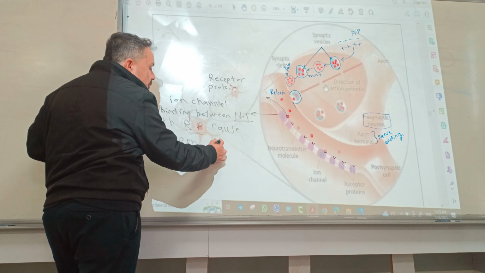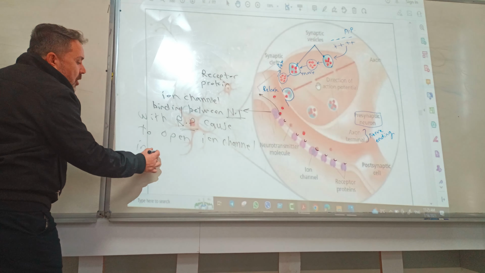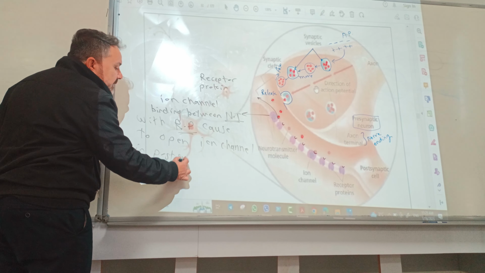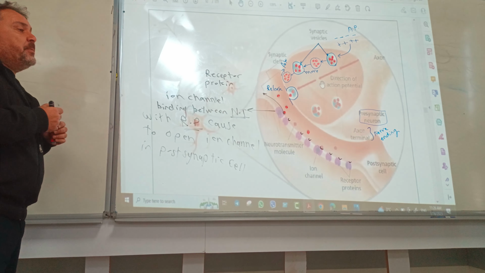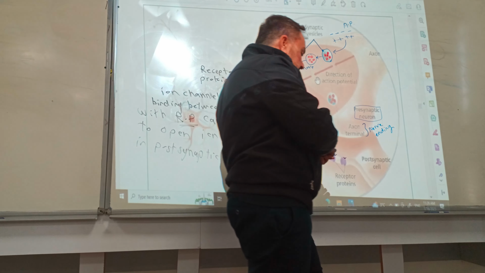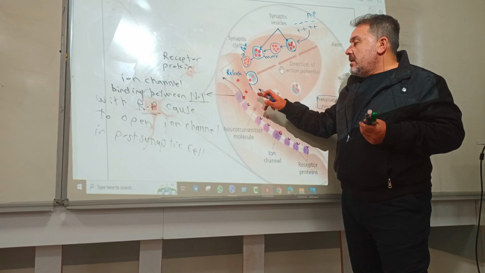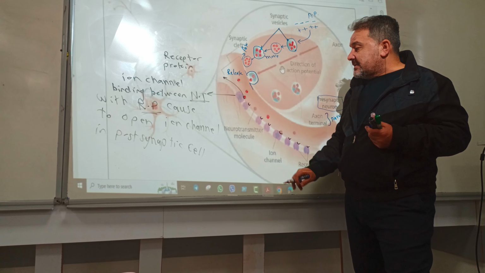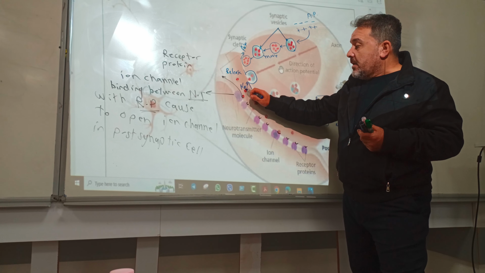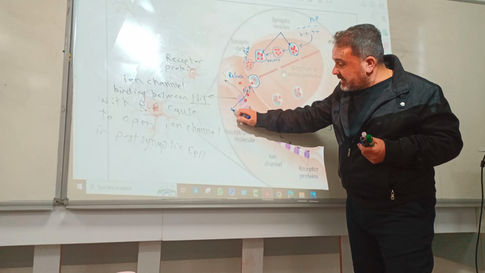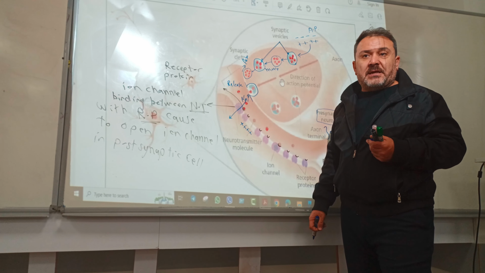The ion channel in the postsynaptic cell. Opening of the ion channel in the postsynaptic cell allows ions to move through the cell membrane to the second cell. So here we have a high concentration of sodium. This sodium rushes into the second cell and a new action potential forms in the postsynaptic cell.